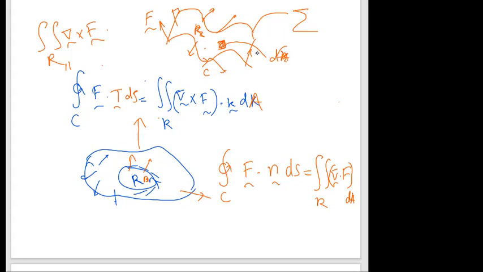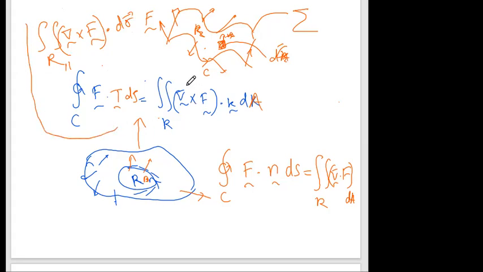Let's say this is n, or you can consider this vector, dotted d sigma, which is the same with n dot d sigma, scalar d sigma. All right, this is the Stokes theorem.